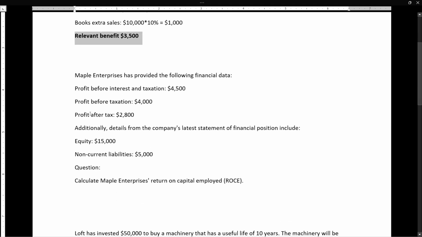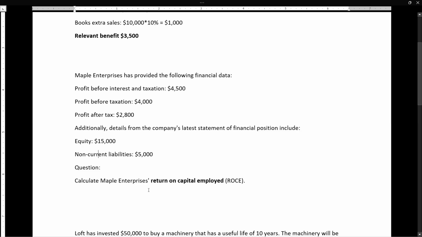weekly. Now, let's talk about ratios that we can calculate in respect of any decisions that we make. We need to calculate return on capital employed. It can be called return on capital employed. It can be called accounting rate of return. Now, we have a company that has profit before interest and taxation, profit before taxation, profit after tax, and we know equity and non-current liabilities.